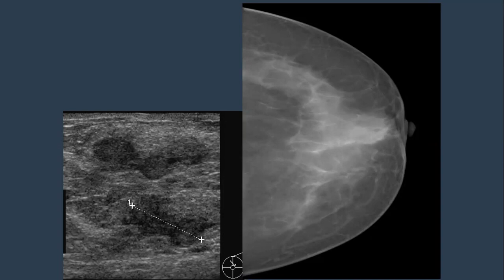Okay, does the papilloma cause architectural distortion? Question in another way. Can papilloma cause architectural distortion?